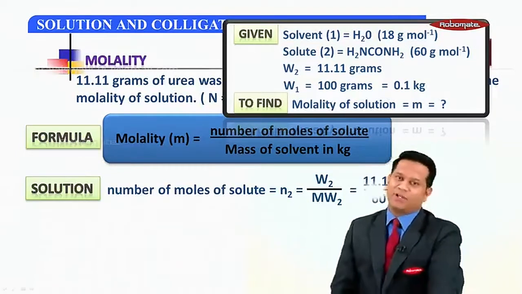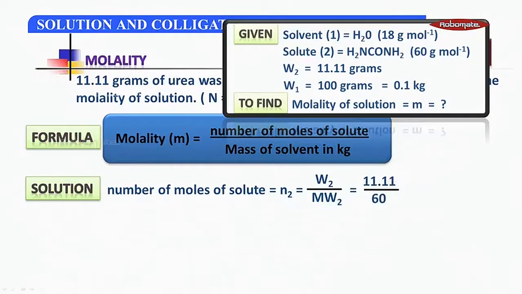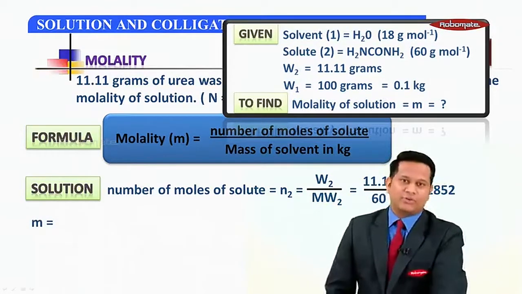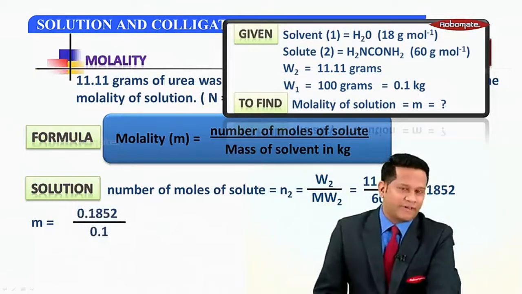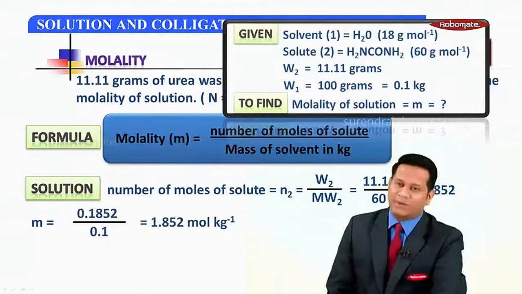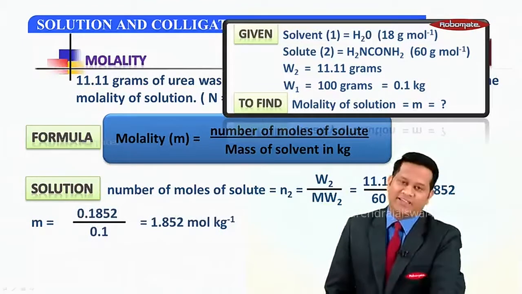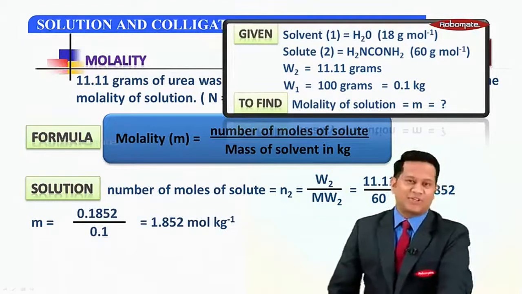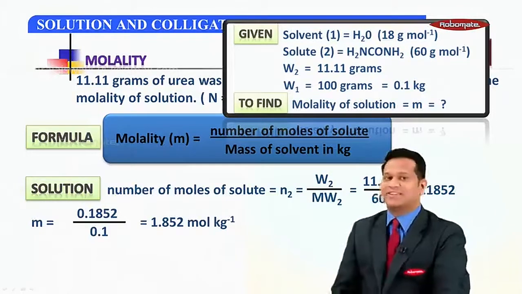W2 is 11.11 and MW2 is 60. If I divide this, the answer is 0.1852. Now if I substitute the values, the numerator is 0.1852, the denominator is 0.1, and if I divide this, the answer is 1.852 mole kg inverse, and that's the calculation for such a type of numerical.